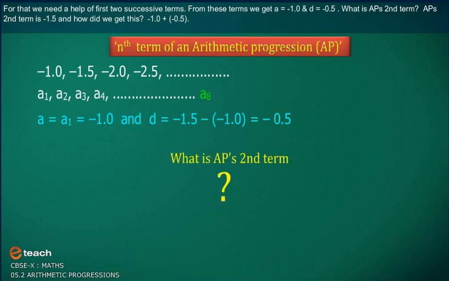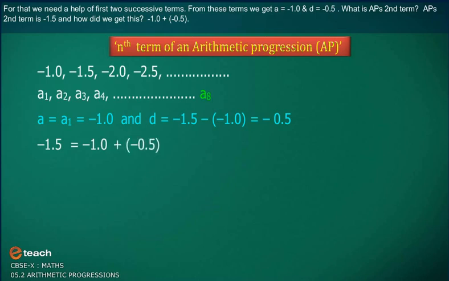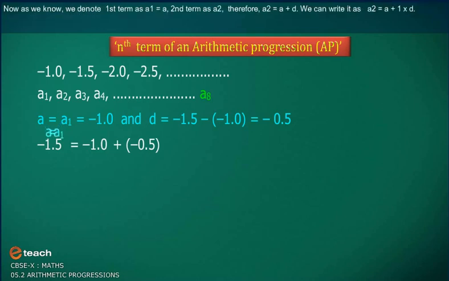What is the AP's second term? The AP's second term is minus 1.5. And how did we get this? Minus 1.0 plus into bracket minus 0.5. Now as we know, we denote the first term as a1 is equal to a, and the second term as a2. Therefore, a2 is equal to a plus d.